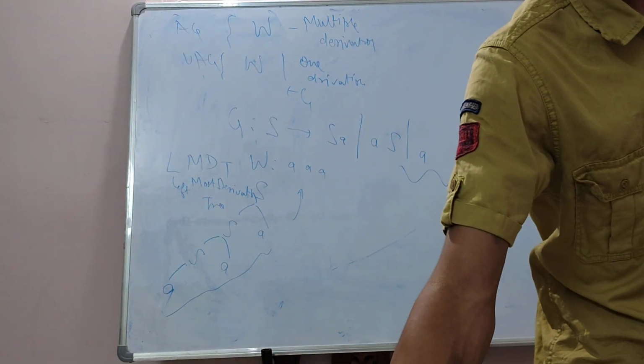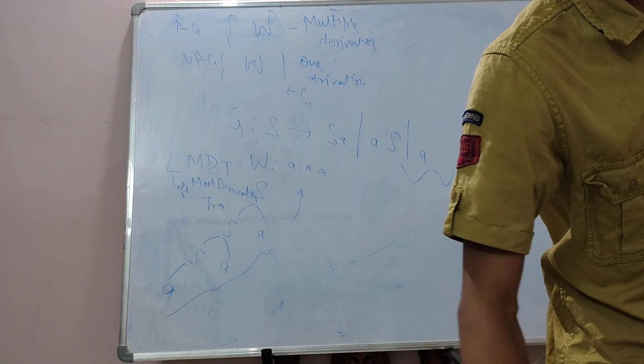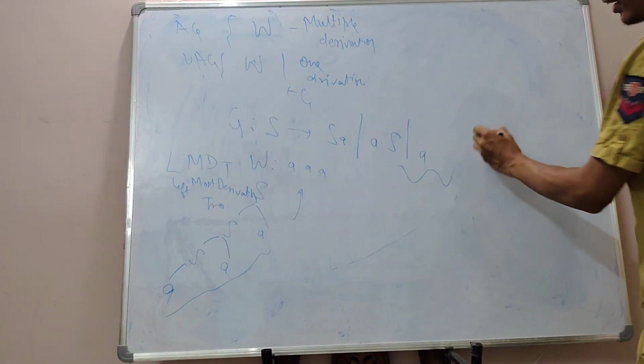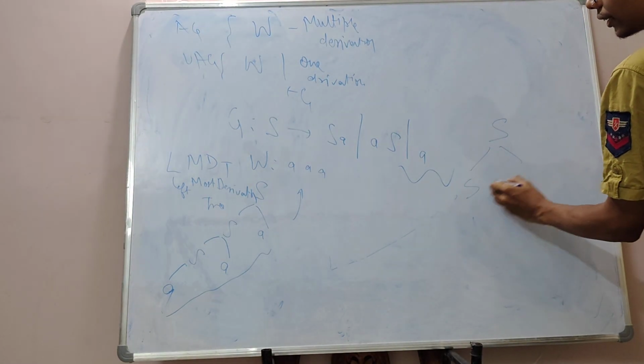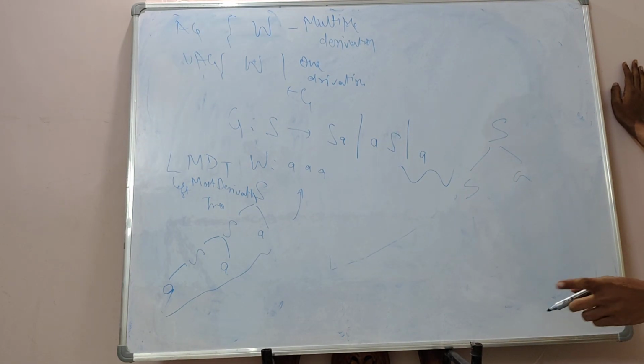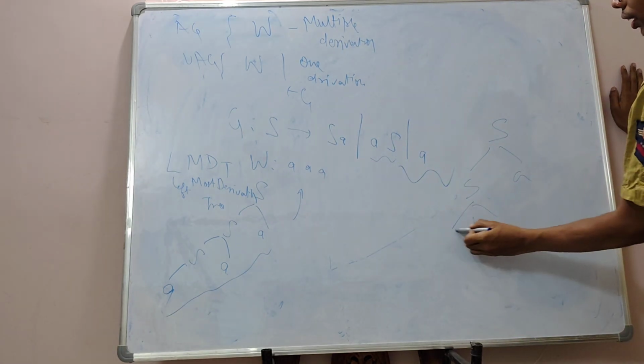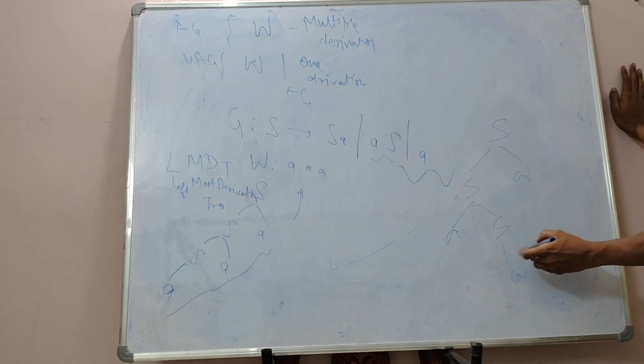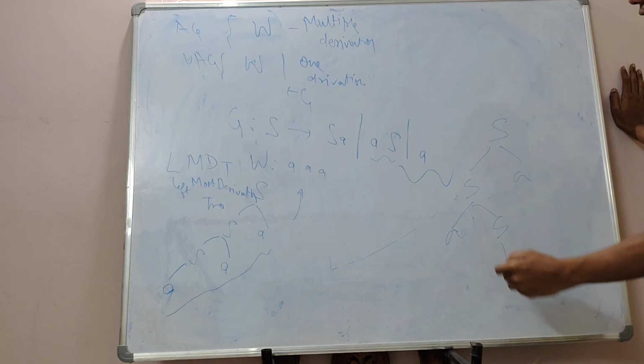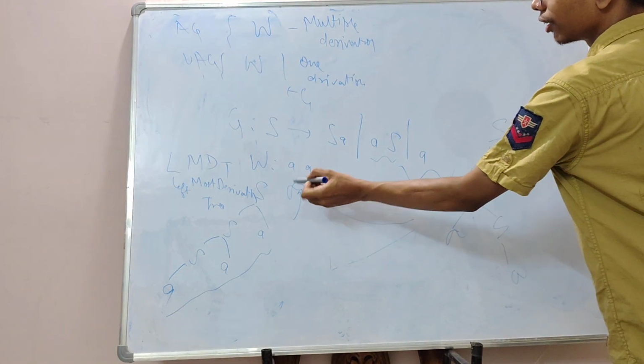Now I can also do this in another way. I can write S A, but this time I will use this one, A S and this A. This is also a leftmost derivation tree.